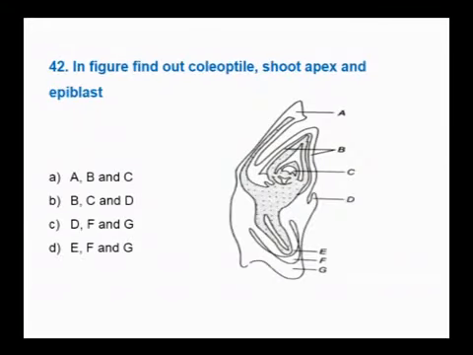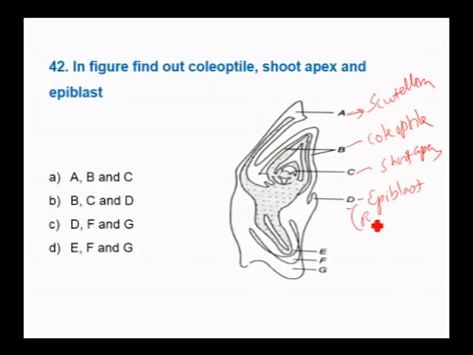Next question. In the figure, find out the coleoptile, shoot apex and epiblast. See, A is the single cotyledon, also called scutellum. B is a covering which is called the coleoptile. C is the axis, that is the shoot apex. D is the epiblast.